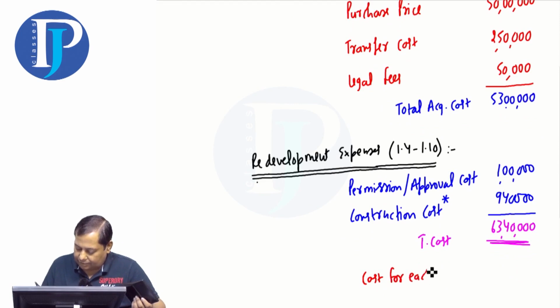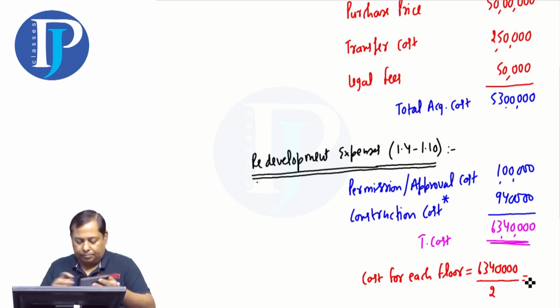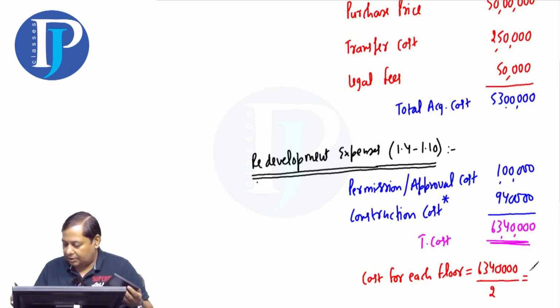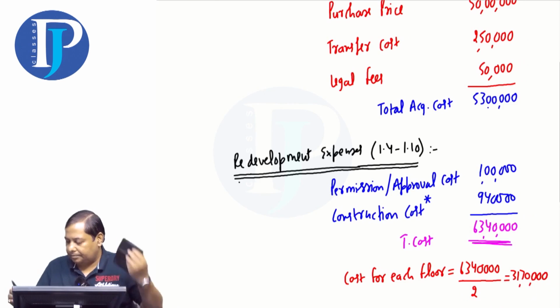Cost for each floor is ₹31,70,000, as there are 2 floors.